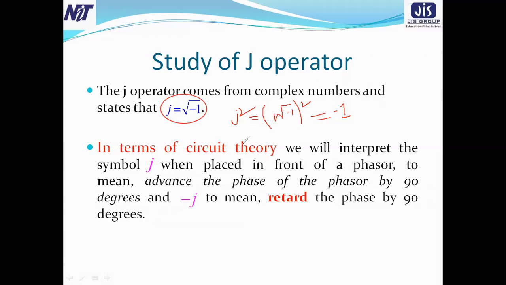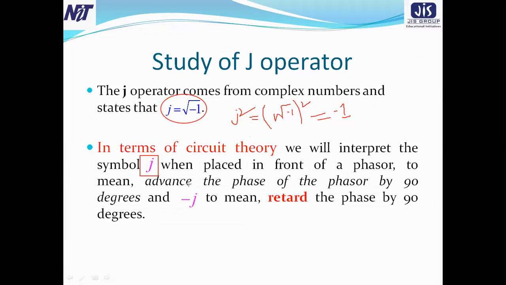In terms of circuit theory, we will interpret the symbol J when placed in front of a phasor to mean advance the phase of the phasor by 90 degrees.